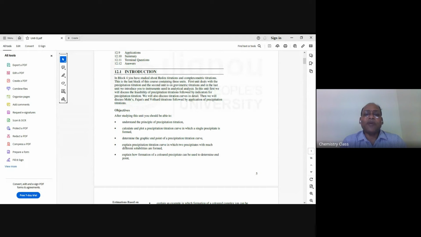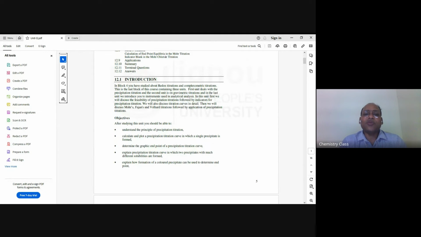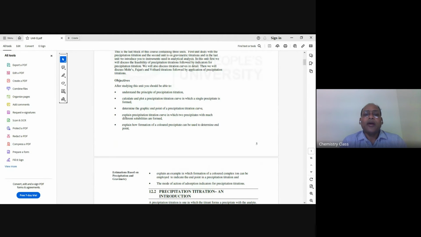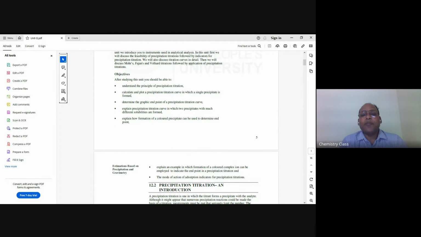What is the objective of this? The objective is to understand the principle of a precipitation titration. What is a precipitation titration? You have to understand; this is perhaps a new word for you. Calculate and plot a precipitation titration curve in which a single precipitate is formed.